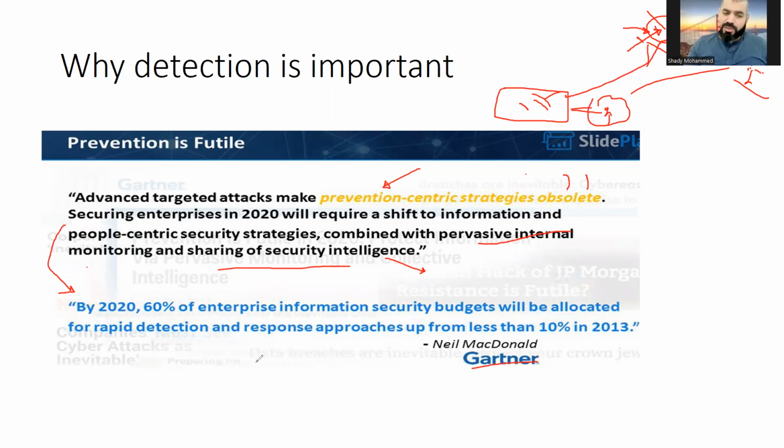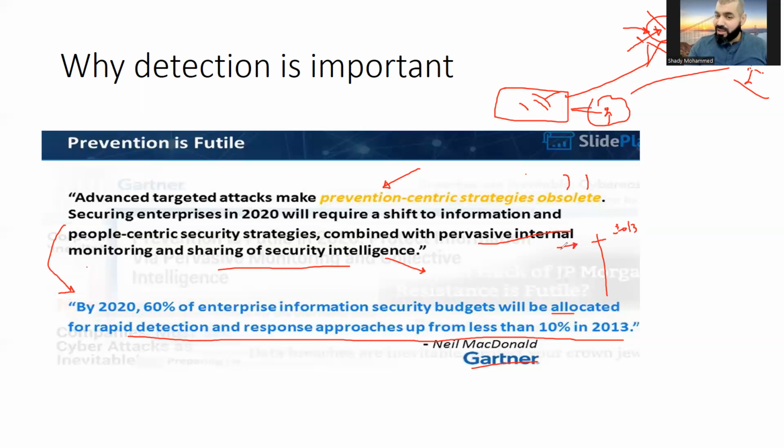So by 2020, 60% of enterprise information security budget will be allocated for rapid detection and response approaches, up from less than 10% in 2013. So what he is saying here is, in 2013, let's say you have $1 million allocated for your budget as IT security.